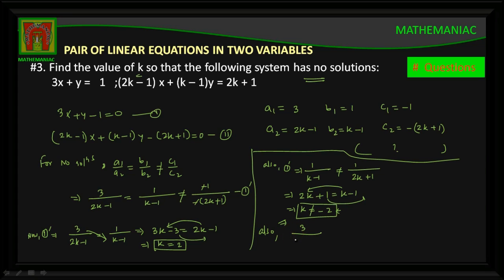Third pair means this, because if this leads you to something else, then a real genuine problem will arise. So this should also give something telling you that k is equal to 2. Got it? So you should solve this also. So I am solving this. Let's see what it gets.